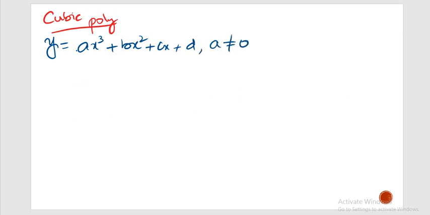So this is the general form of a cubic polynomial. In this cubic polynomial, since the degree is 3, how many zeros do we have at maximum? We'll have a maximum of 3 zeros.